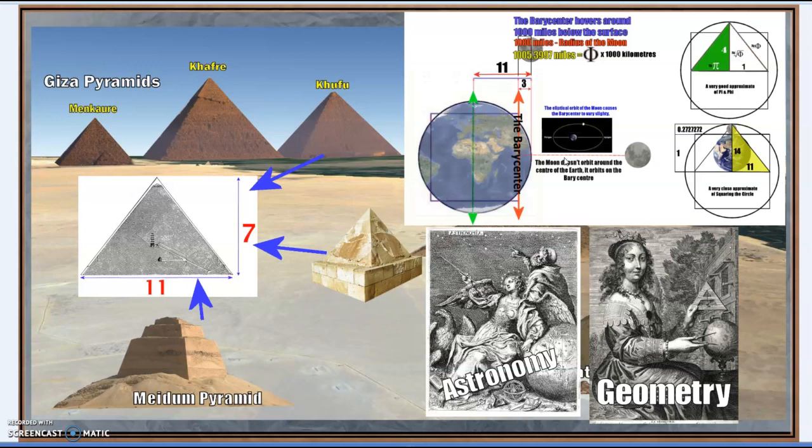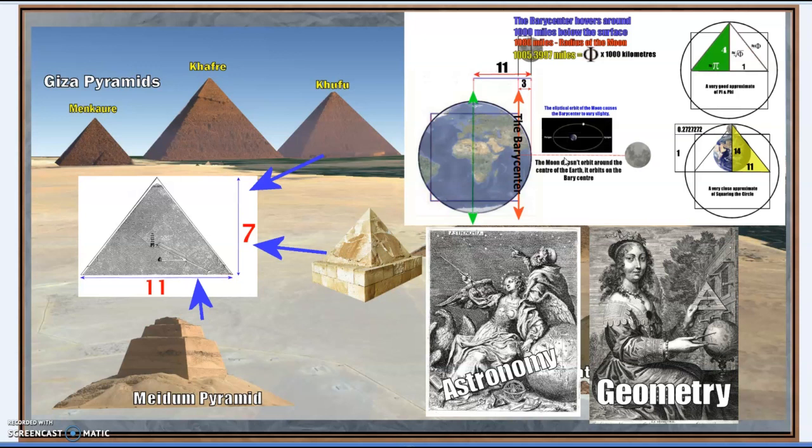You can see that they have issues with the golden number. They don't like it, but it's there, and this architecture has been passed through time, still being used, and the applications of it to astronomy.